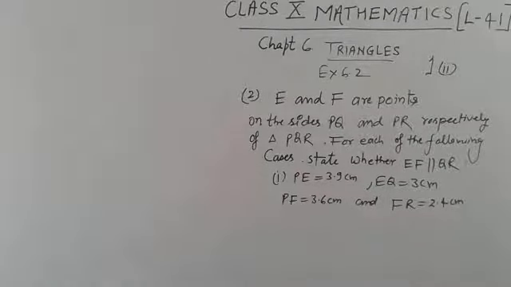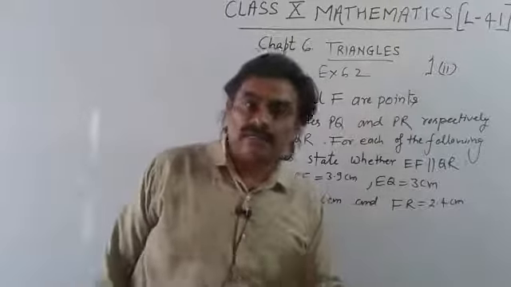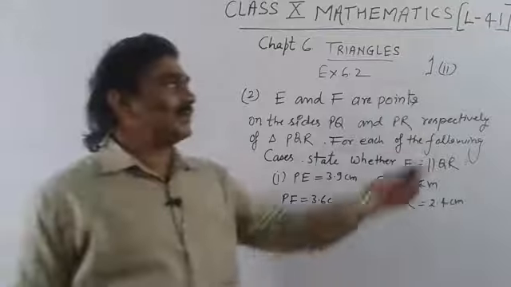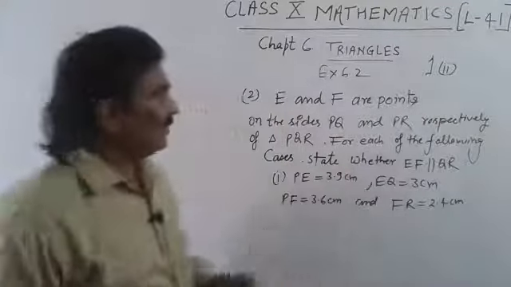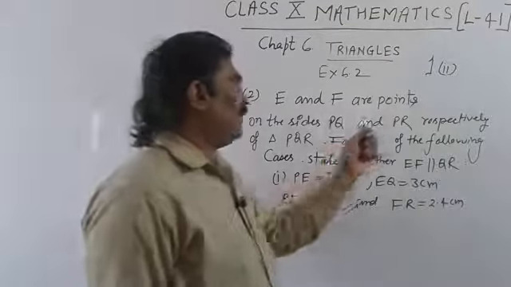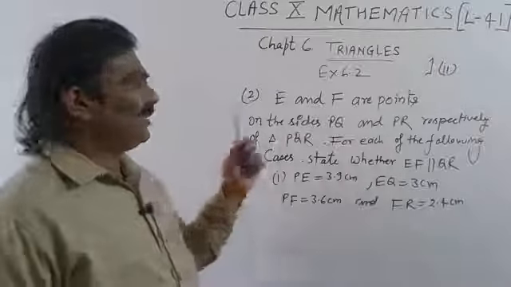So students, here we have question number 2, and just before this question I have solved first part of question number 1, and similarly I hope you will solve second part of question number 1. Okay, now we have second question. Question is, E and F are points on the side PQ and PR respectively of triangle PQR.